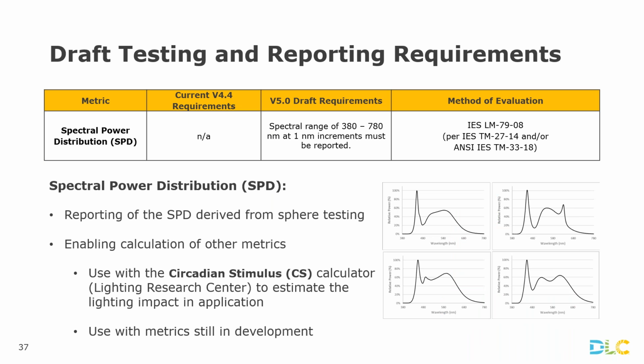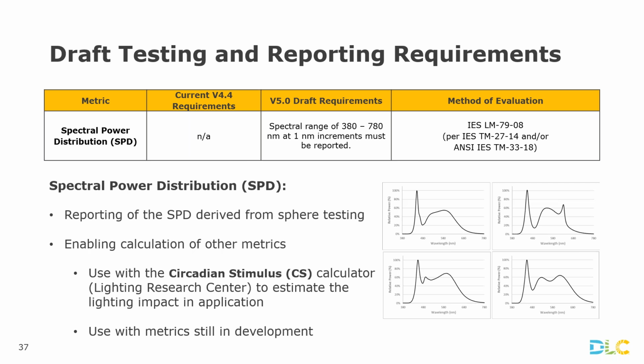As already mentioned, the draft for version 5.0 is also asking to report the spectral power distribution that is commonly already measured during the standard test procedures. For this topic, this is very important. It will enable the calculation of other metrics that are still in development.